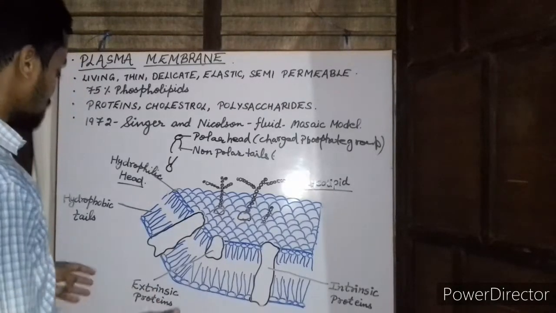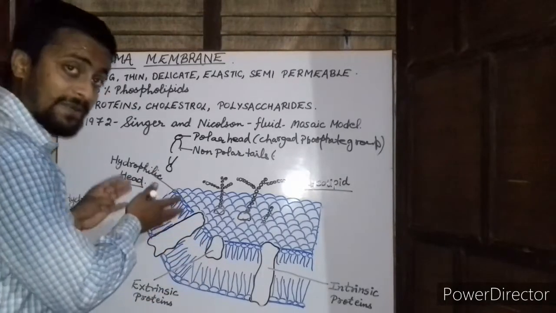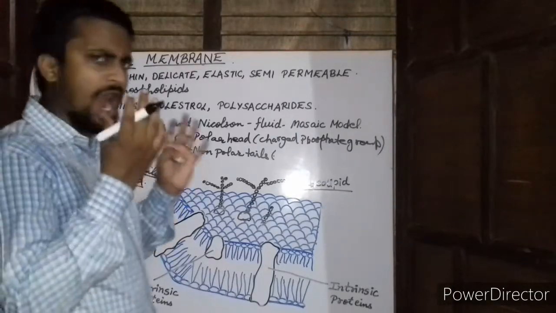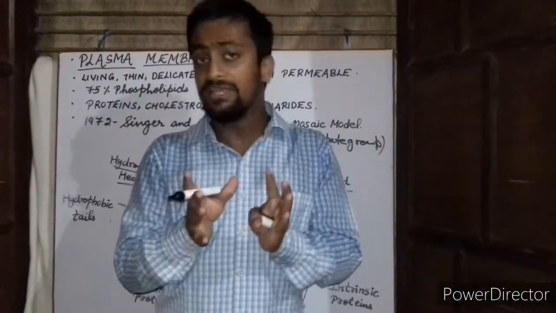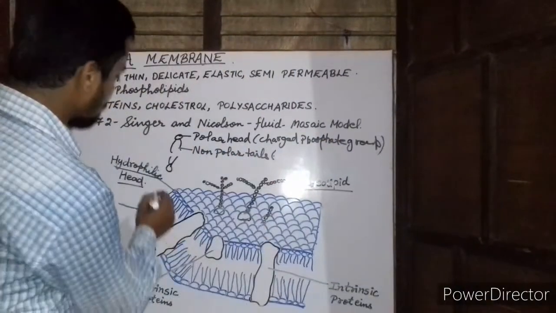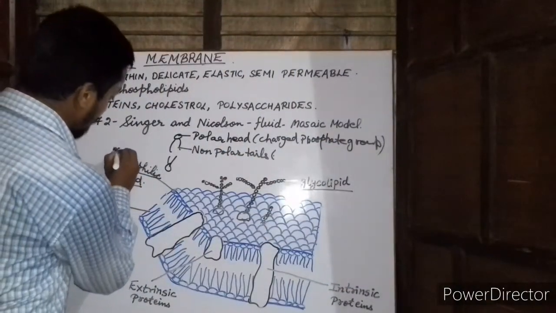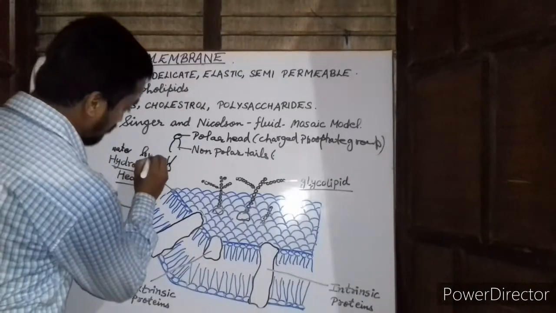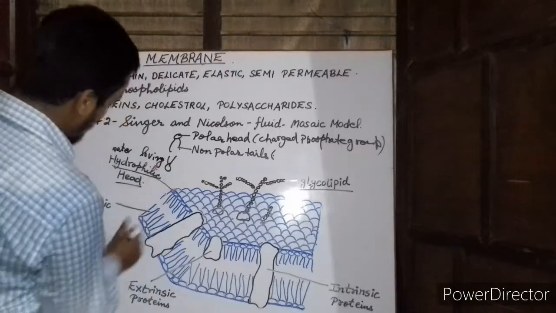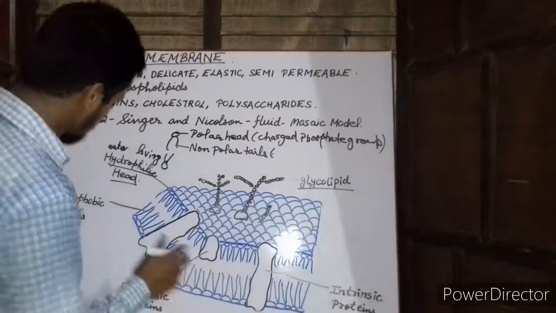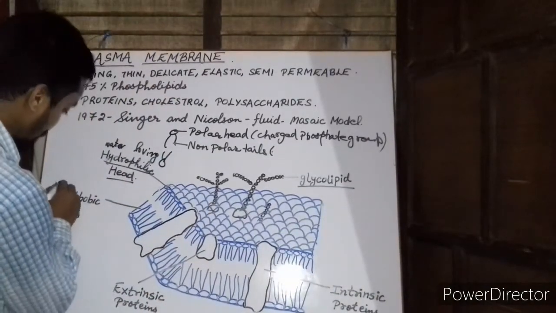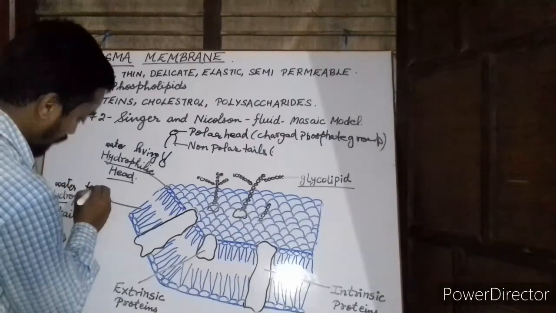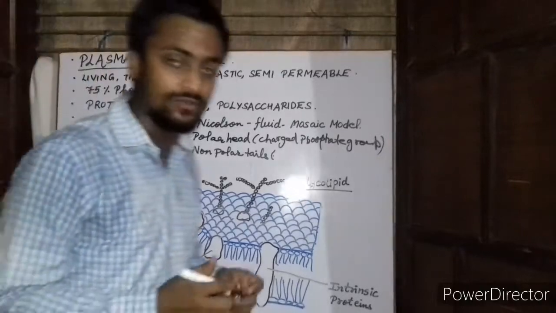Now this phospholipid bilayer has a hydrophilic head. What is meant by a hydrophilic head? Hydro means water and philic means loving, so a water-loving head. And it has hydrophobic tails. Hydro means water again and phobic means fear, so water-fearing or water-repellent tails.